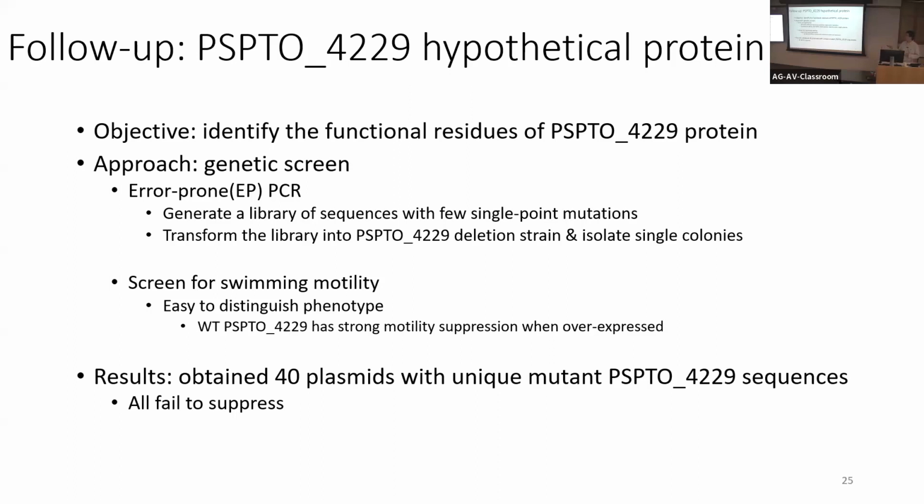Then we put all of them into our expression constructs and ask them to perform on swimming media. Because we know the wild type 4229 overexpression phenotype is complete abolishment of motility, it's very easy to screen for them. And we ended up getting 40 different plasmids that failed to suppress motility.